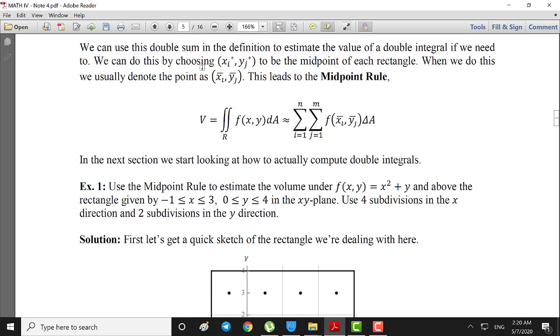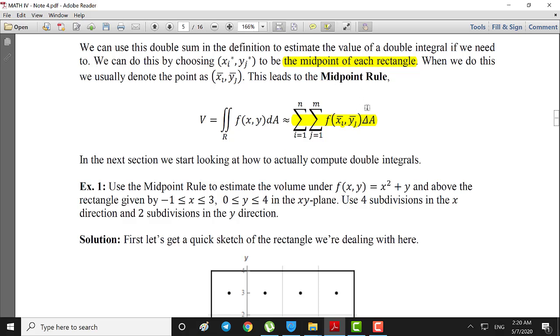If we choose xi star and yj star to be the midpoint of each of the smaller rectangles, then the estimation that we get for the volume between the surface and the region R is going to be called the estimation derived by the midpoint rule.